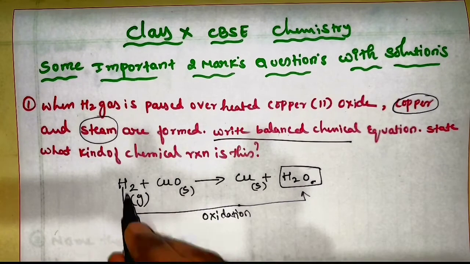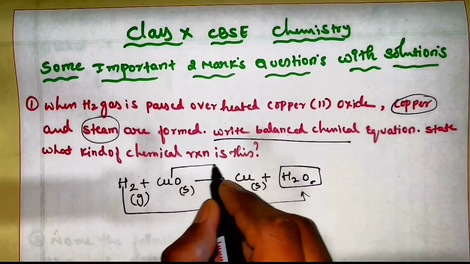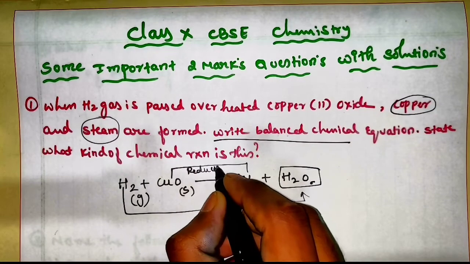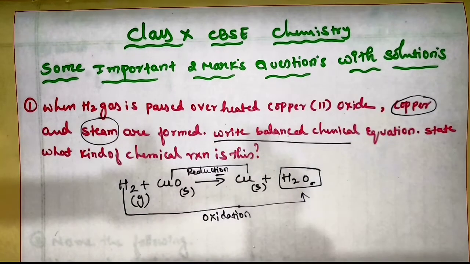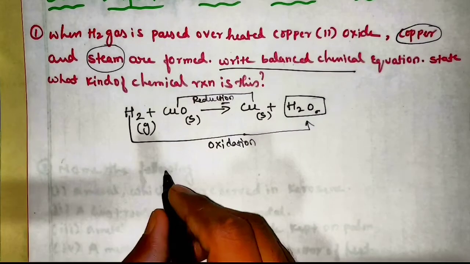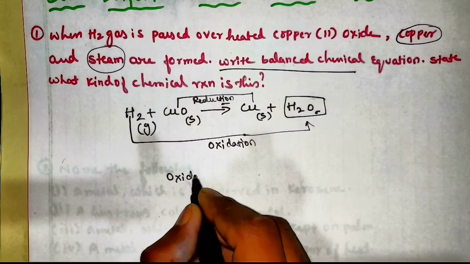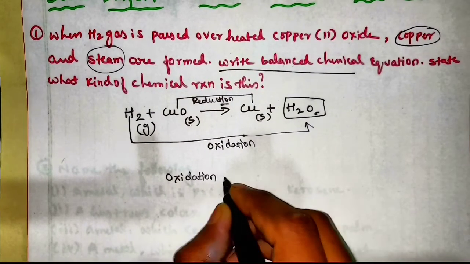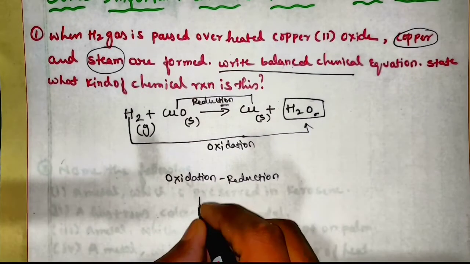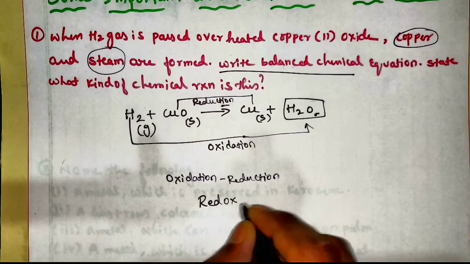Addition of oxygen takes place here. And from CuO to Cu, it undergoes reduction. So which type of reaction is it? It is a redox reaction. That means it undergoes oxidation and reduction reaction, or simply you can write redox reaction.